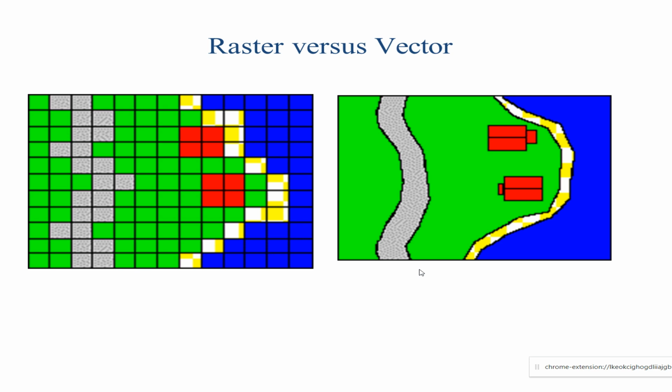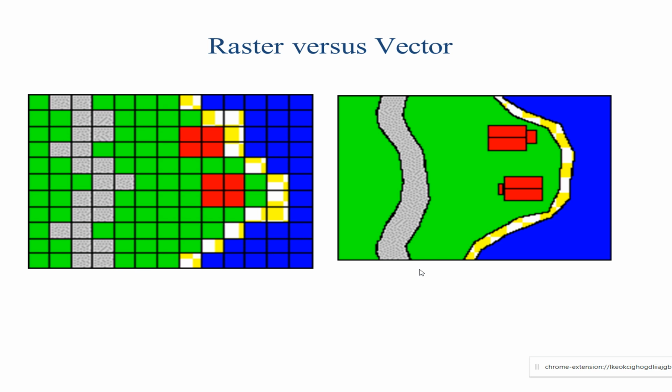or vector to raster. Sir has showed you a very good map feature in the class lecture, like how the raster is converted to a vector. If you see here, this gray color 222, all cells are covering and making one road line. So if you convert it, it will come as a line or polygon.